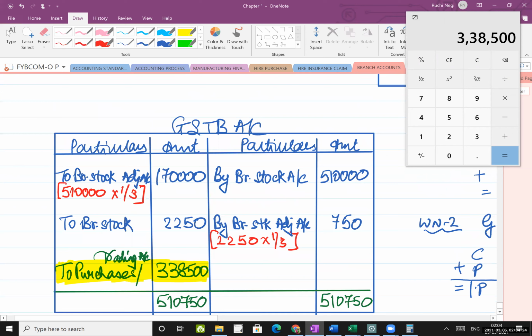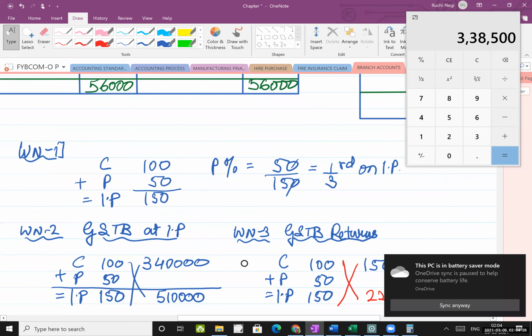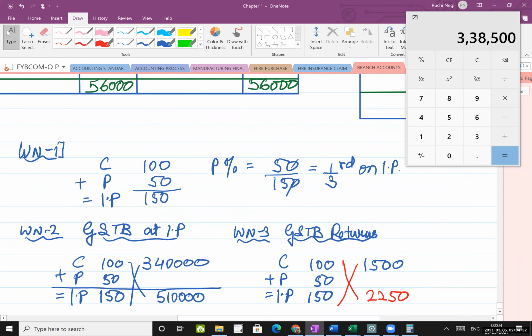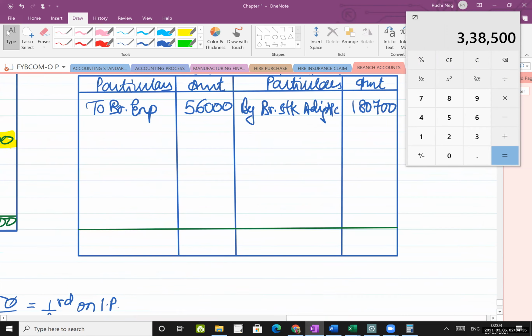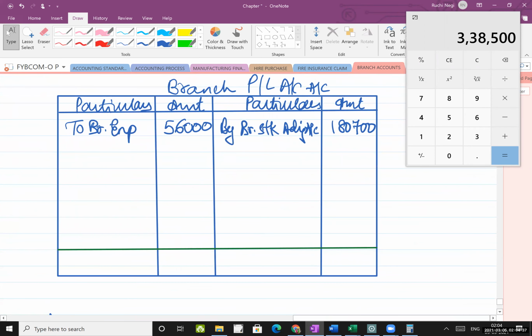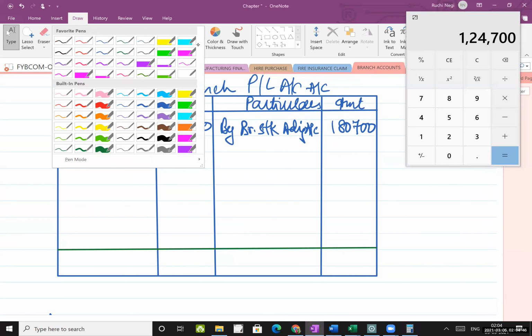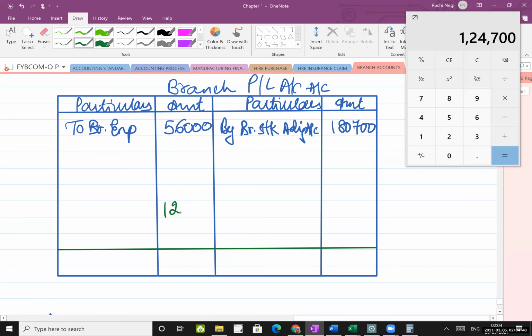Next, we'll have to close the last one, the branch P&L. 1 lakh 80,700 minus 56,000, 1 lakh 24,700. You can call it general P&L, or you can take it to net profit.